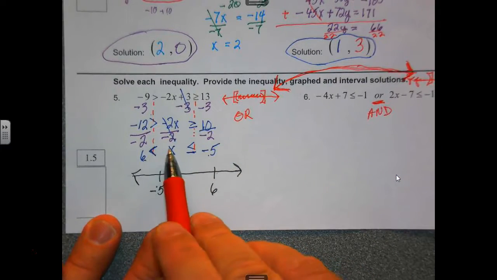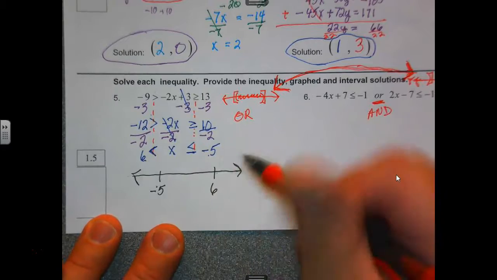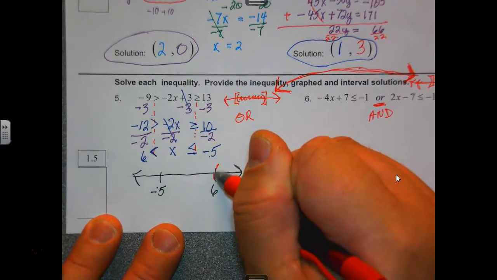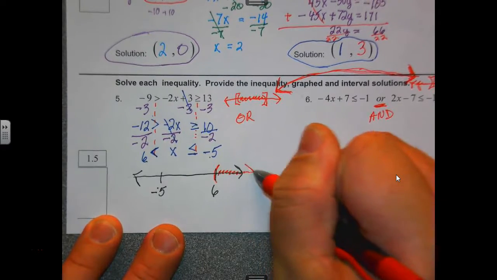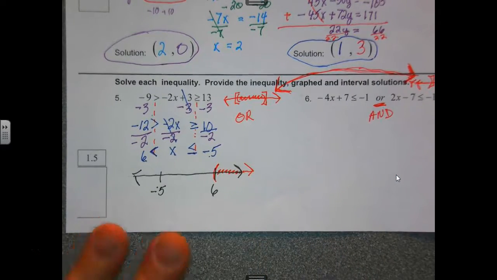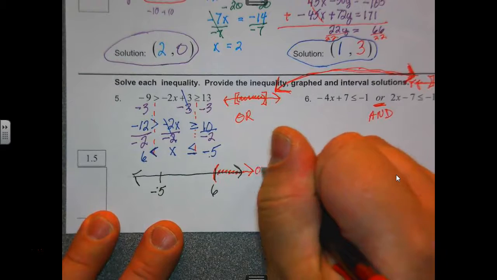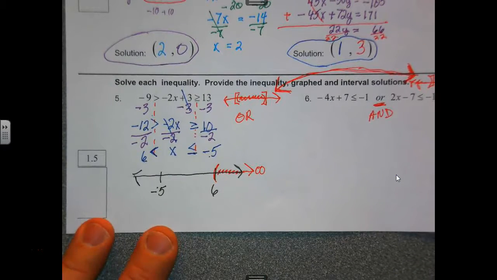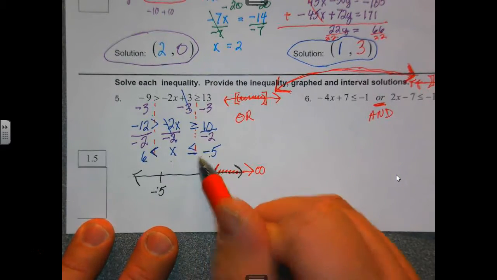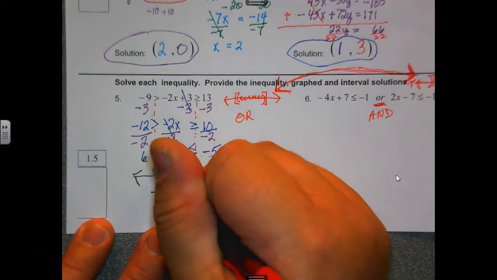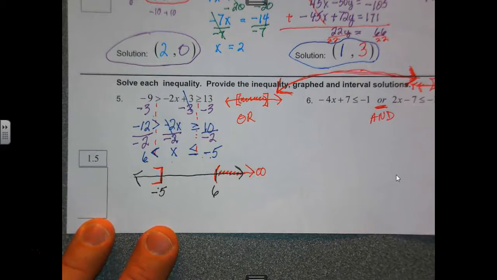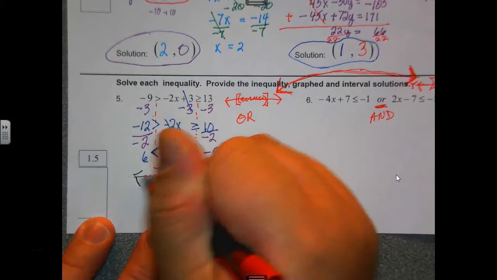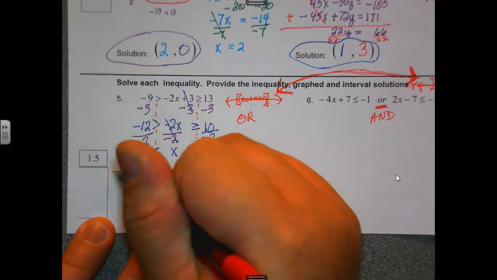Okay, because x has to be greater than 6, parenthesis at 6. So those are all the numbers greater than 6. They go out to infinity. All the numbers have to be less than or equal to negative 5, so that's a bracket. And they go out to negative infinity.